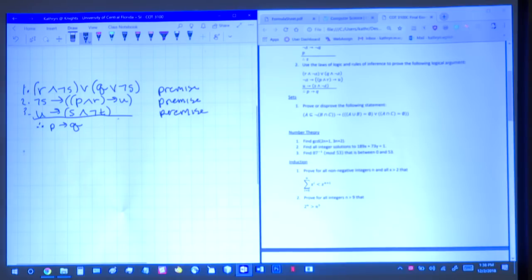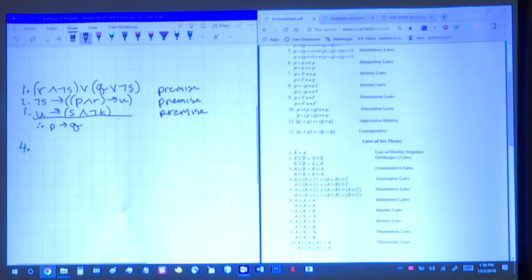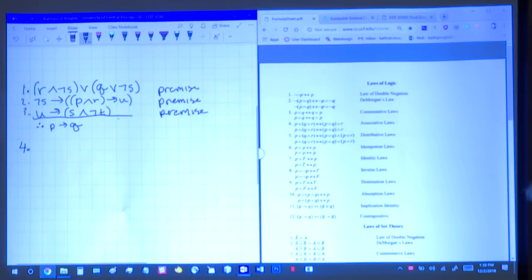The first thing I would do is, you see how we have R and not S, or Q and not S? We can use the distributive law right here to rewrite that. So we would get not S and R or Q, and that would be distributive with 1.